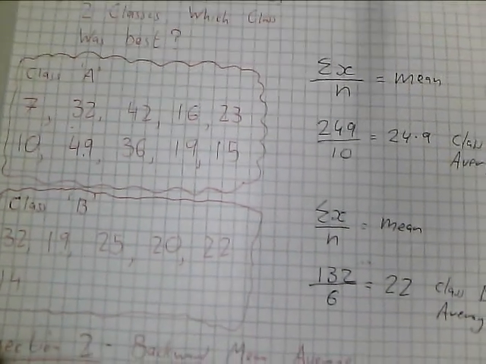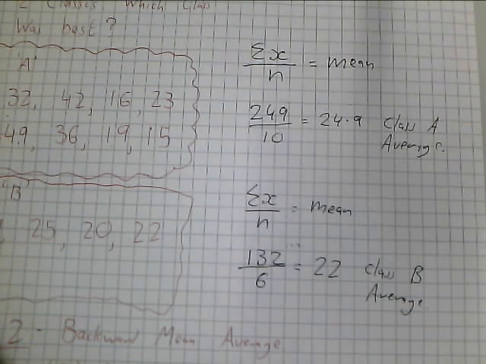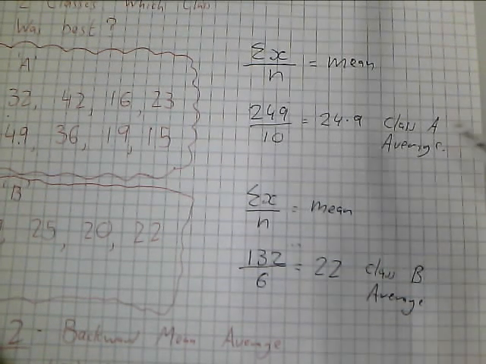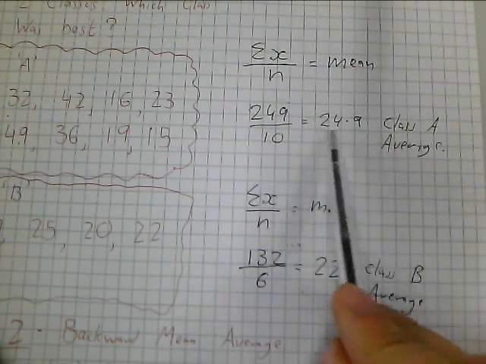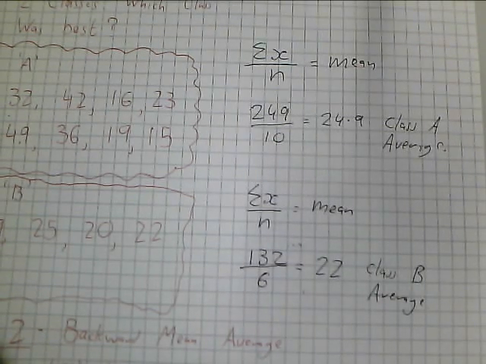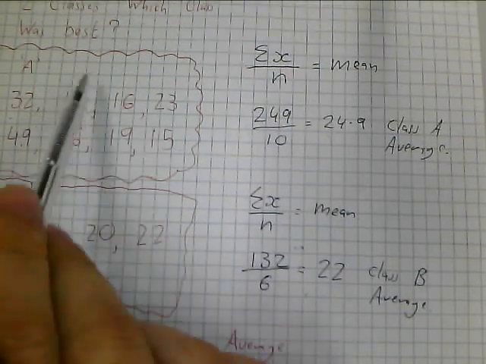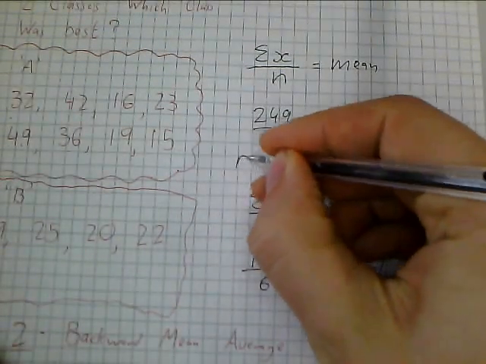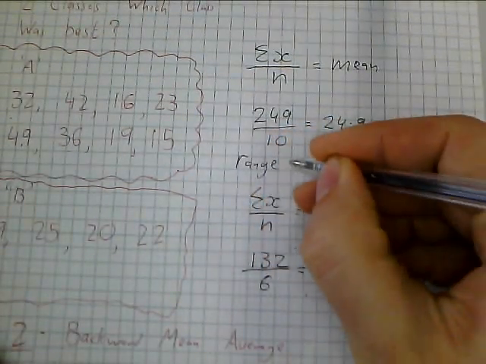Now if you finish off with that, you're quite happy to say, right, well, we can see that class A is better. They got an average of about 25 marks, whereas class B got an average of about 22 marks. You may also want to find the range of the data to see how spread out it is. This is a bit more optional.